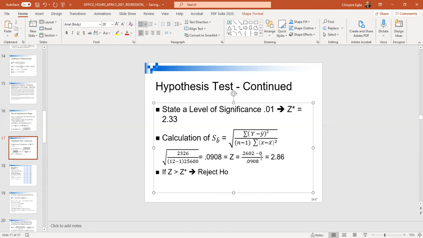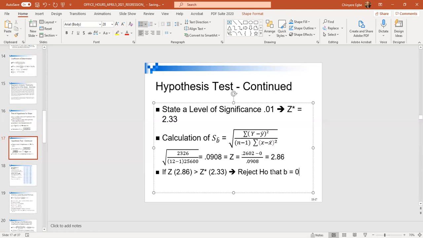So our Z is 2.86. So if Z, which is 2.86, is greater than Z star, which is 2.33, what do we do? We reject the null hypothesis that B is equal to 0.